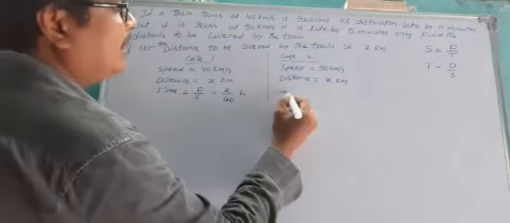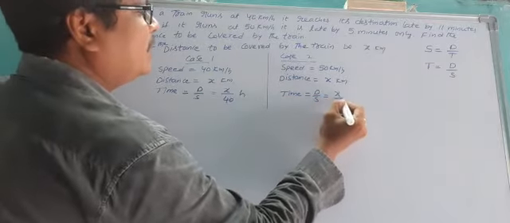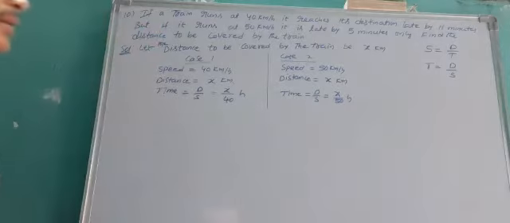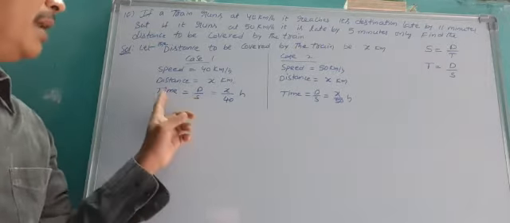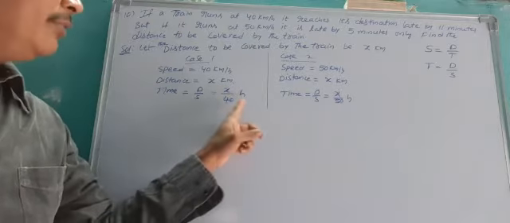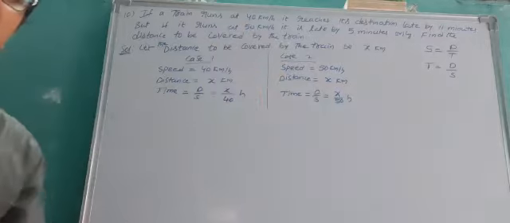Its time, distance by speed, that means x by 50 hours. So in both cases we found the time: x by 40 in the first case and x by 50 in the second case.